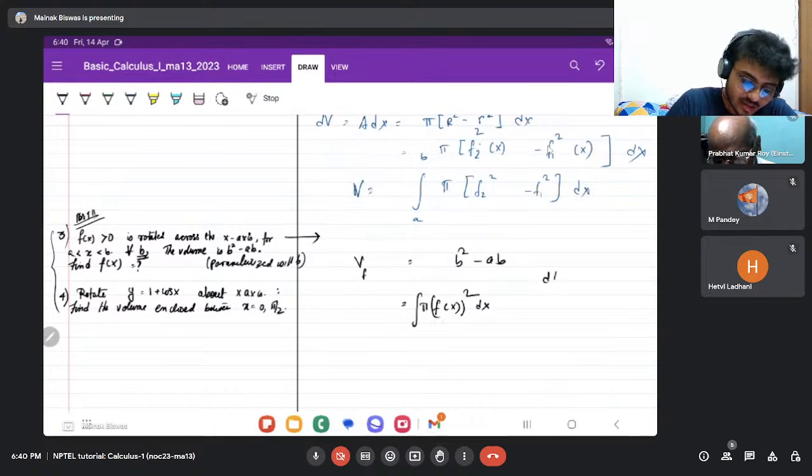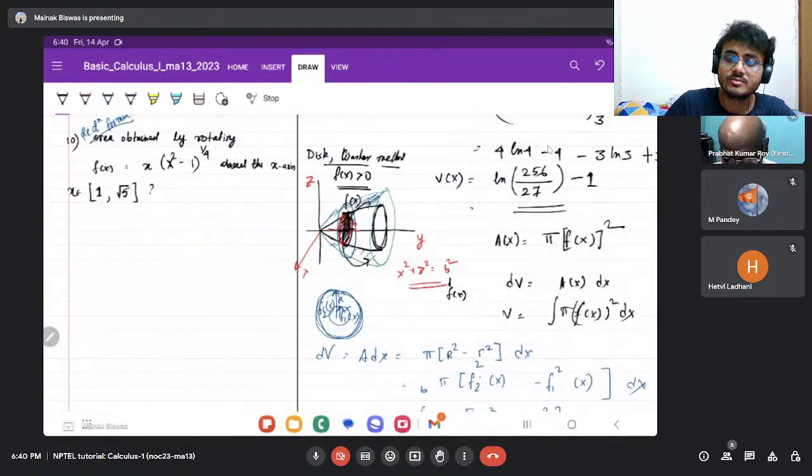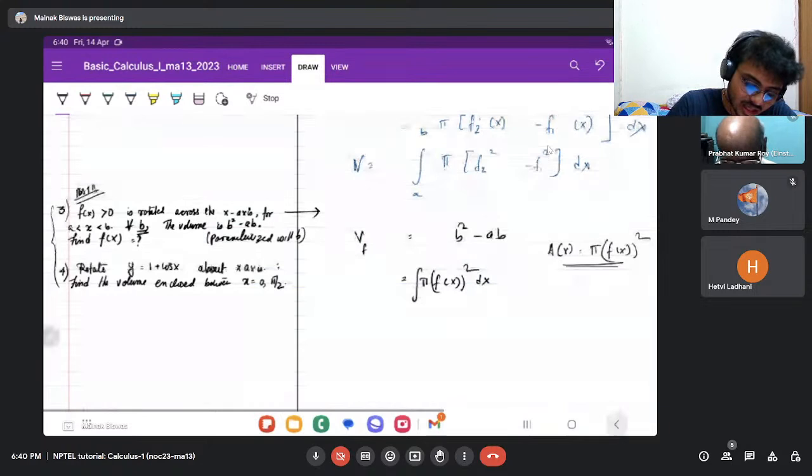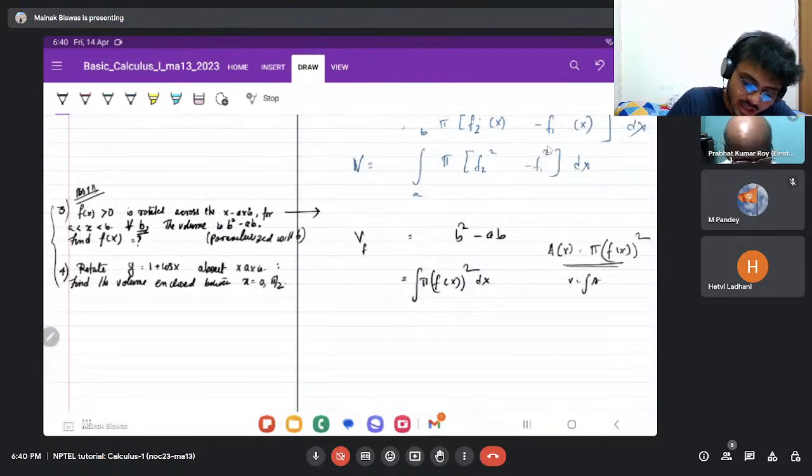So your area as a function of x is pi times f of x squared, right? This is your area. We have seen just now. You followed, right? Yes, sir. So you multiply area times dx. So your V is the integral of A of x dx from a to b.